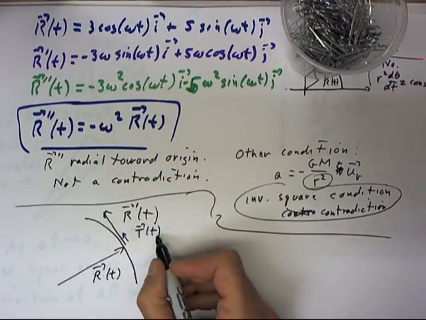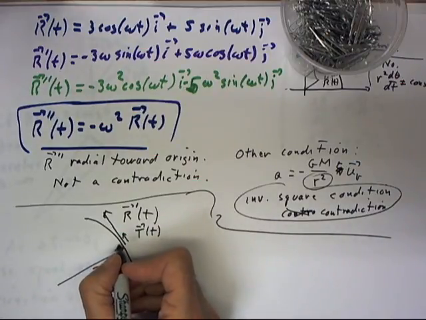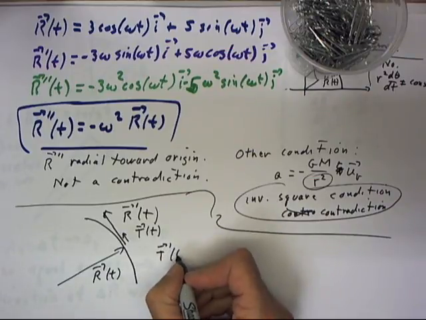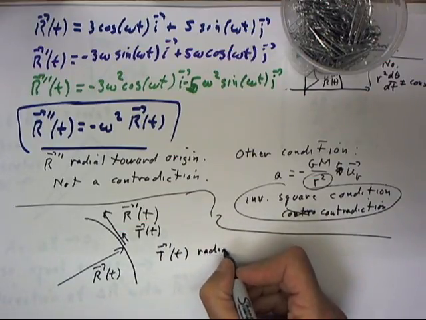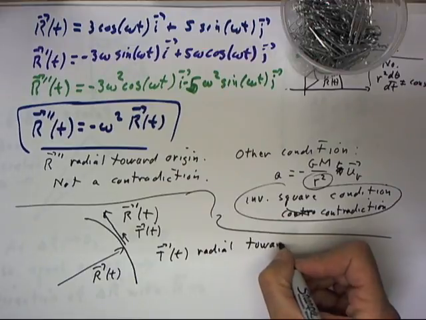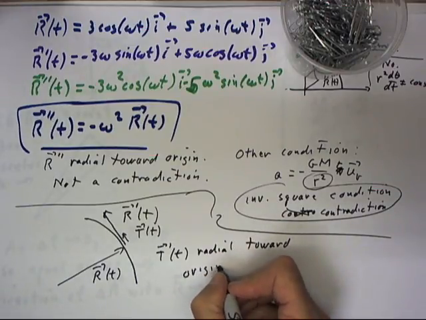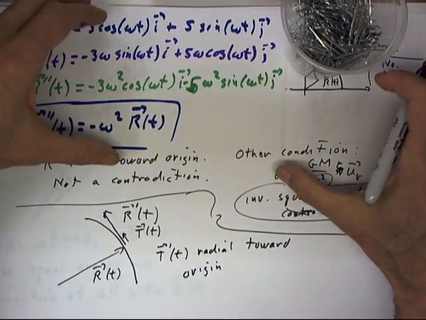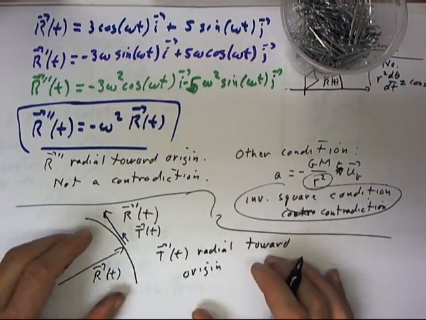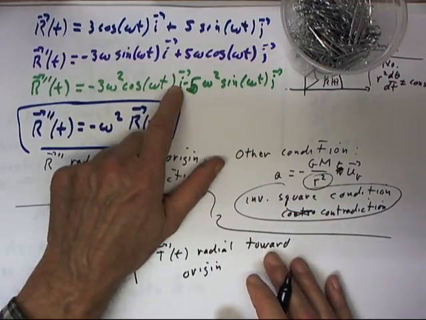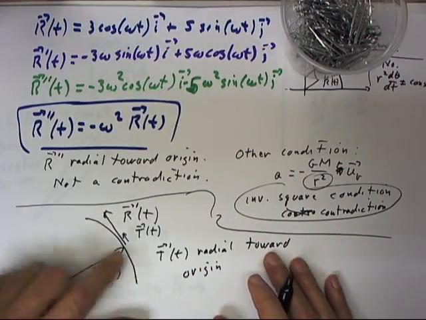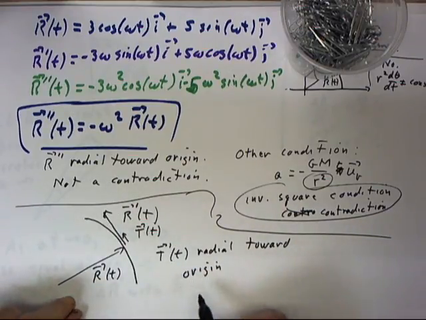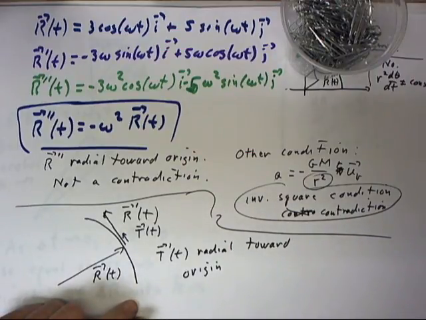If we take the derivative of this unit tangent vector, that's going to give us a vector that's radial back toward the origin. Now this model can be applied to the question we have here, but this model is completely independent of this question. We're just using this example in order to motivate and give us a model in which we can make sense of this idea, and we're going to go on with that in the next clip.